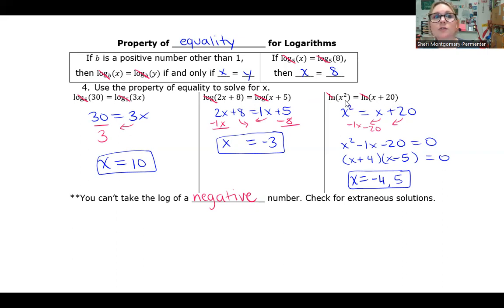So if you plugged in -4, well, what's a negative times a negative? A positive. So is that an issue? No. Okay, so we just have to double check. Sometimes it is an issue. Most of the time it's not. And we only have to check because you cannot take the log of a negative number.